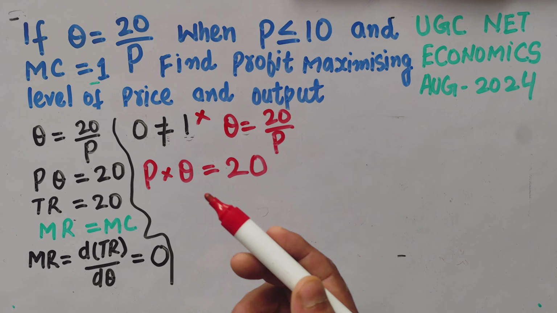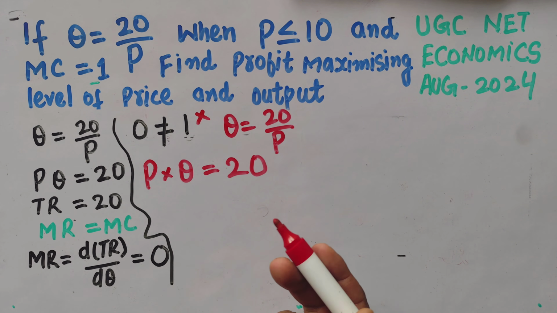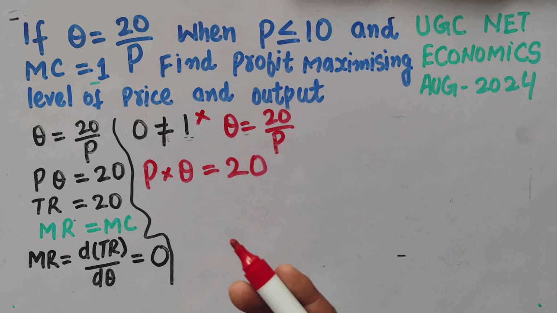Whenever we have a constant revenue function, what will be the profit maximizing price and output?